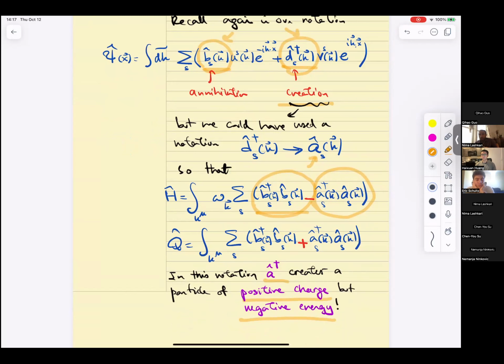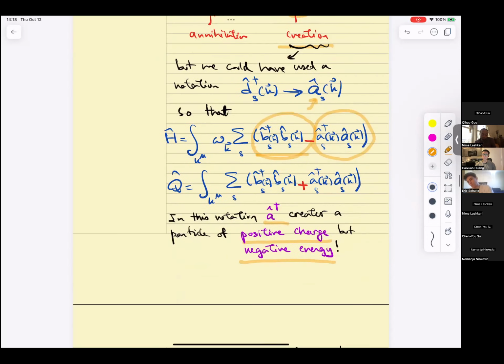This is what in condensed matter, or in this old literature that Dirac came up with, are called holes. The absence of a particle is something that you have to put a particle in so that you come back to nothing. It's the removal of a particle. This A dagger removes a particle, in a sense, right? It's called a hole excitation.